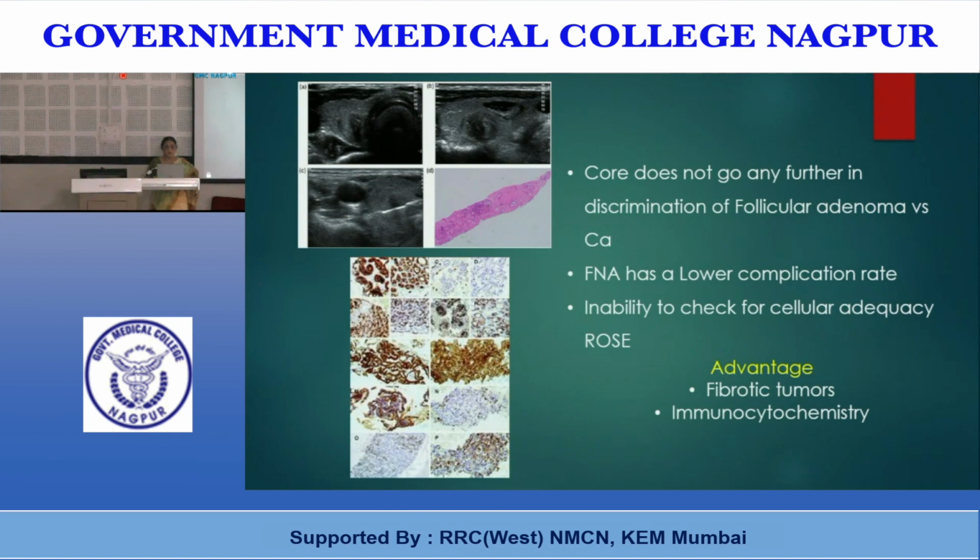FNA has a lower complication rate as compared to core biopsy, but it has the inability to check for cellular adequacy, which is possible with rapid on-site evaluation using FNAC material.